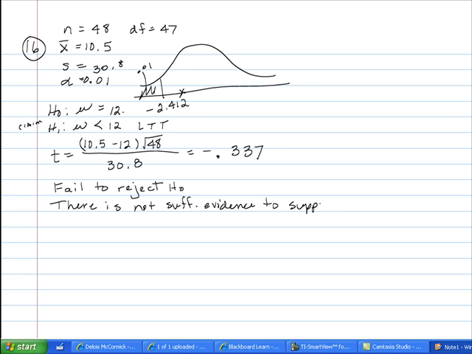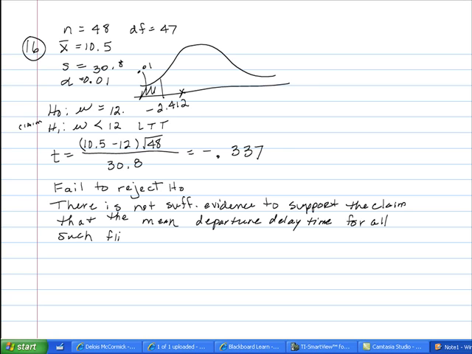Okay, and our p-value, I'm just going to do it on my calculator, I won't use the screen calculator, is the TCDF, and we're going from this time negative 10, since we're in the negative, to negative 0.337, and our degrees of freedom is 47. So second vars, we want number 5, and I want negative 10, comma, negative 0.337, comma, 47, close it off.